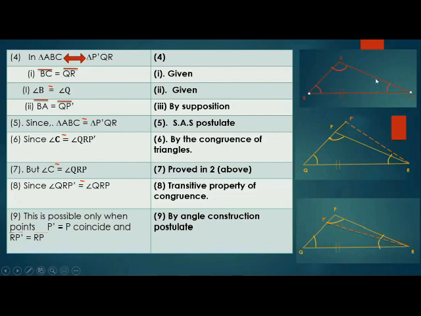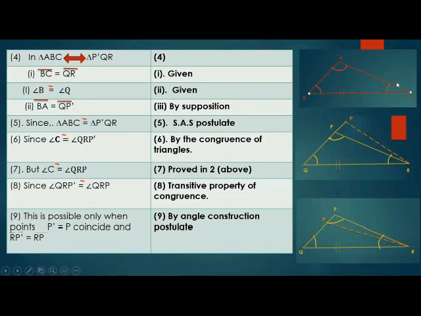What do they want to say? They want to say that triangle ABC is congruent to PQR. It has been proved by the SAS postulate. But triangle ABC is also congruent to P complement QR, because we have supposed that. If we have supposed that, it means that angle C is congruent to both PQR and P dash QR.